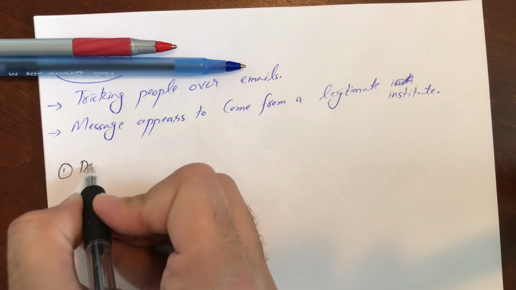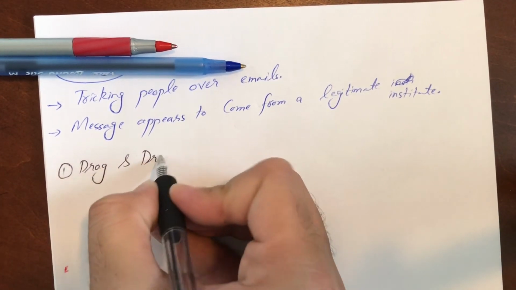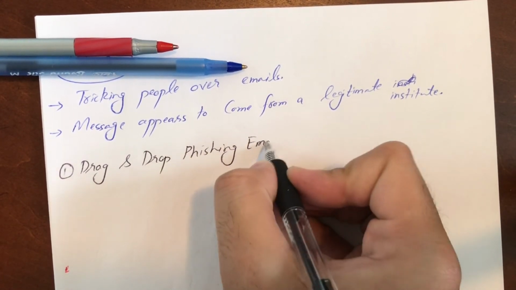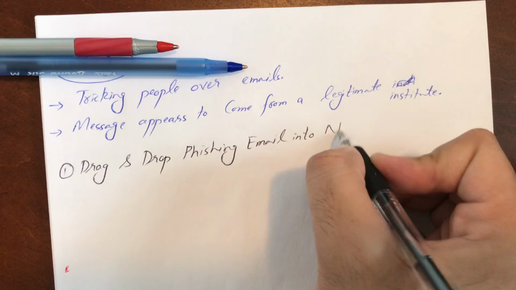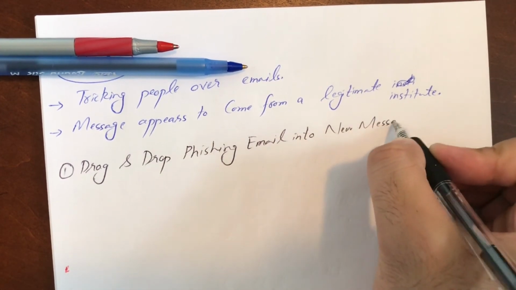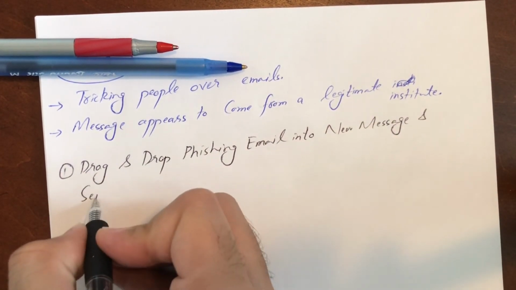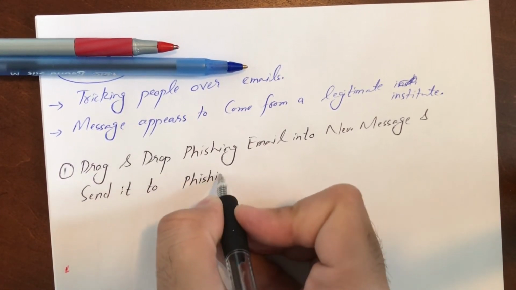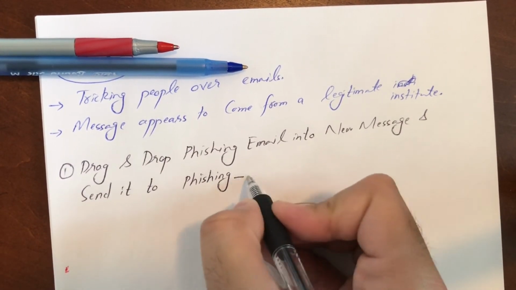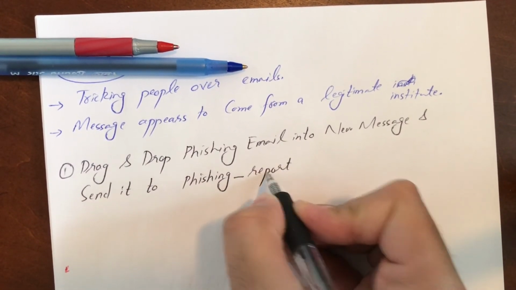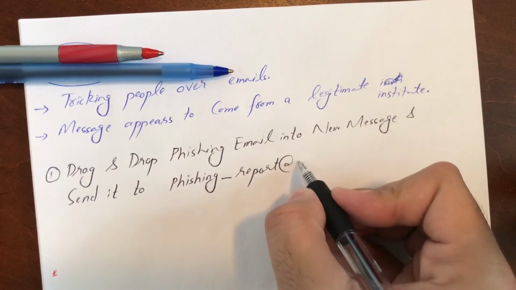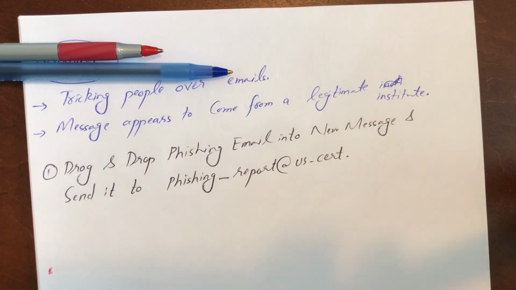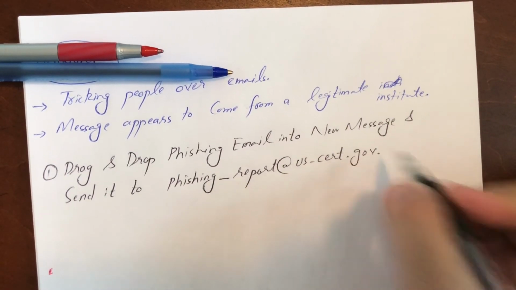Number one, drag and drop the phishing email into a new message and send it to phishing-report at us-cert.gov. US-CERT is the United States Computer Emergency Readiness Team.